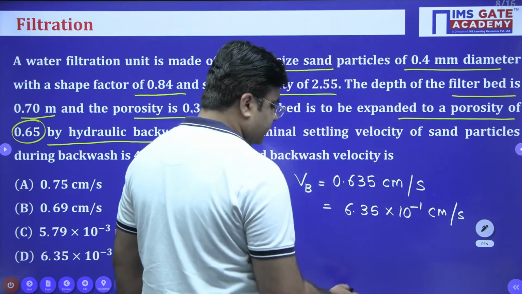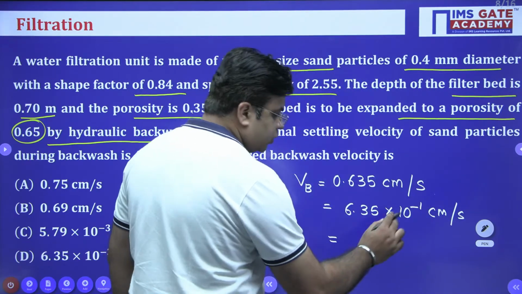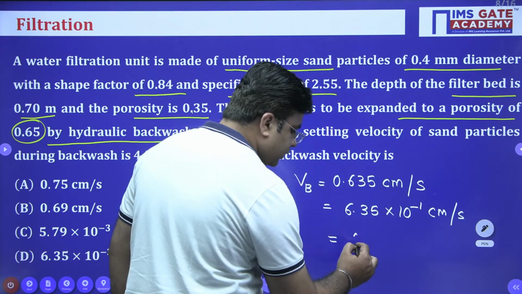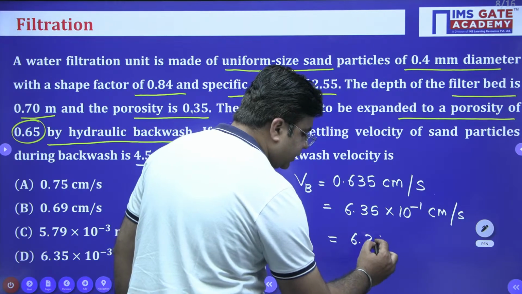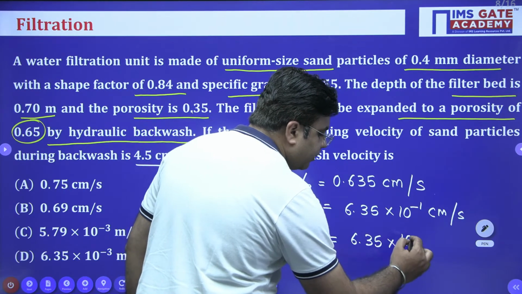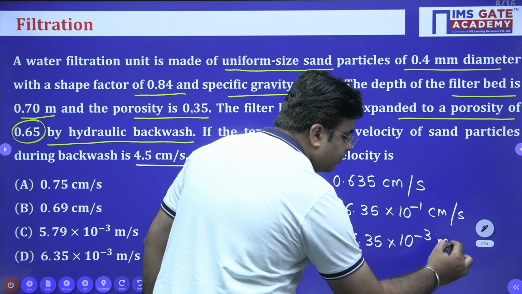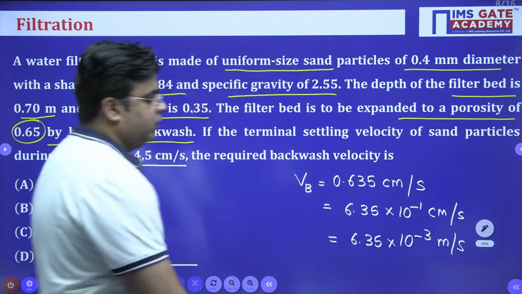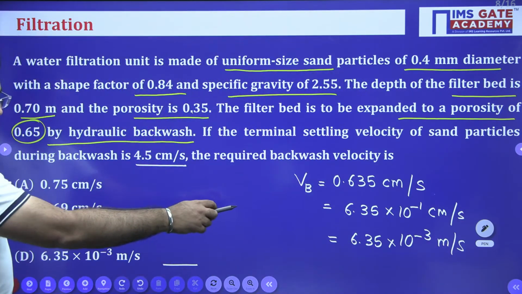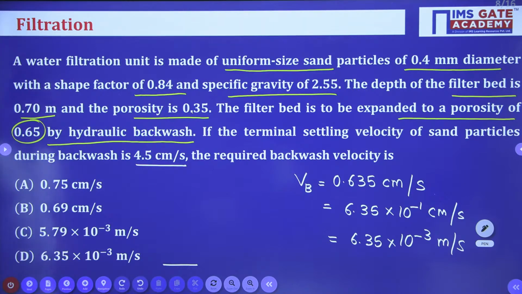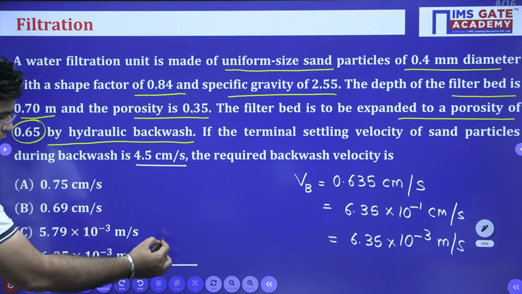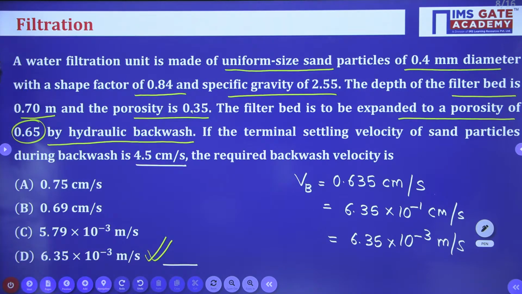When you convert centimeter into meters, you have to divide by 100, so it will be 6.35 into 10 raised to the power minus 3 meter per second. So for this question, option D is the correct answer.